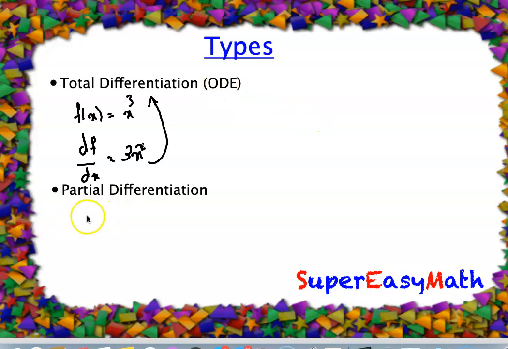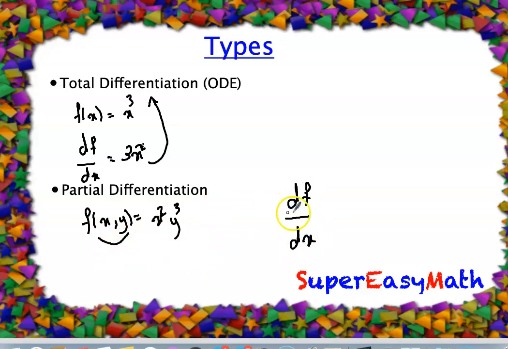But what if we have f(x,y) = x squared y cubed? So we have a function in terms of two variables, and you were asked to find the derivative of f with respect to x. So you can't write it like that, df/dx, because here we have two variables.